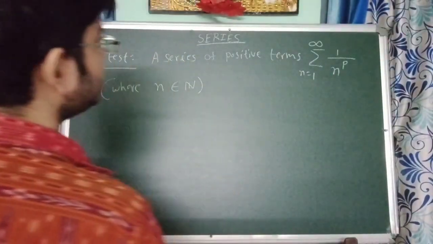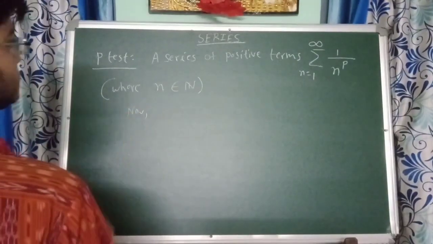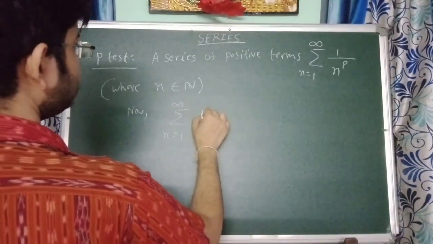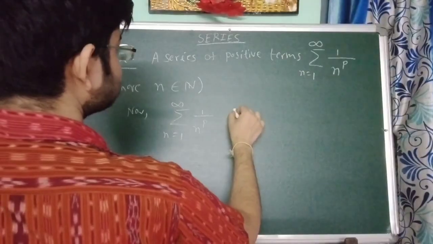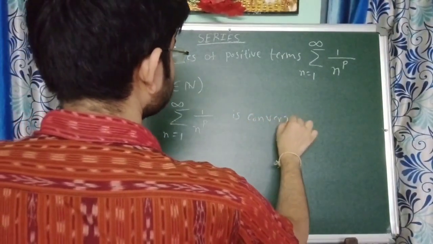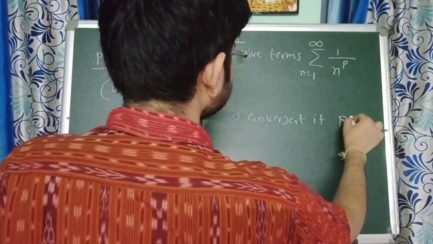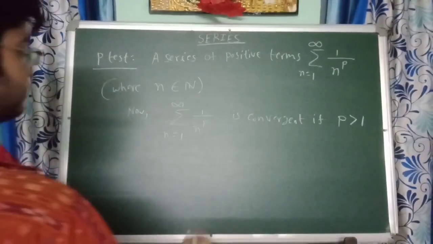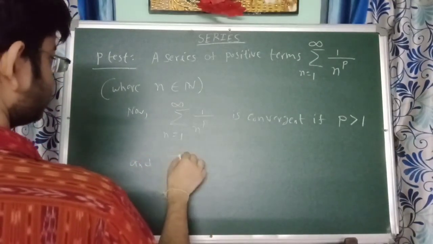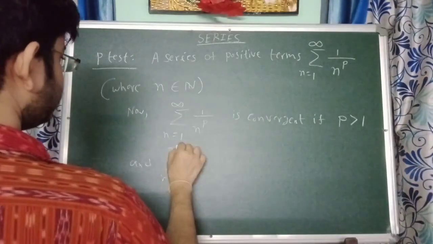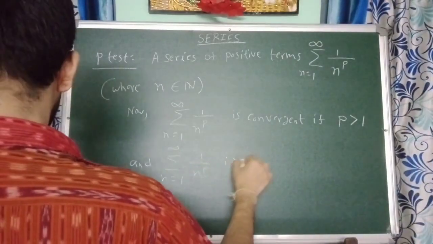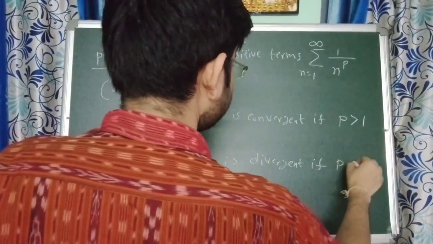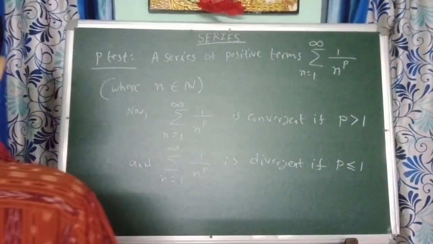This is the positive term series. Now, the summation n equals 1 to infinity of 1 by n to the power p is convergent if the value of p is greater than 1, and divergent if p is less than or equal to 1.